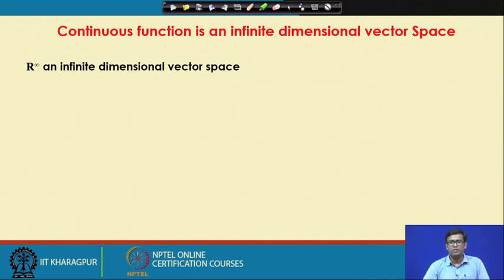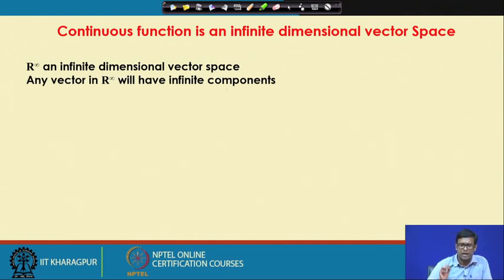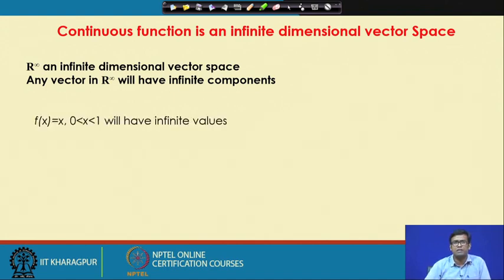Why is a continuous function an infinite dimensional vector space? R infinity, we define it to be an infinite dimensional vector space, and any vector in R infinity will have infinite components. So, if we think of the function f(x), where x lies between 0 to 1, how many points are within the range 0 to 1? Infinite points.